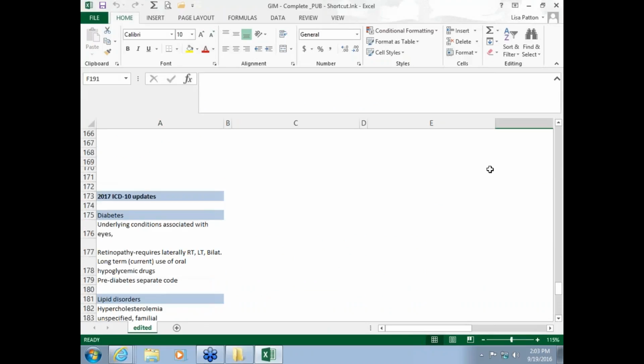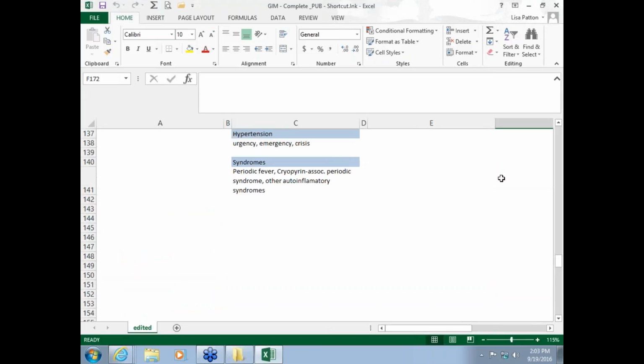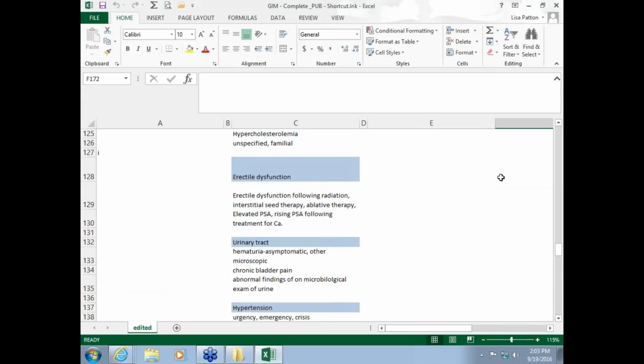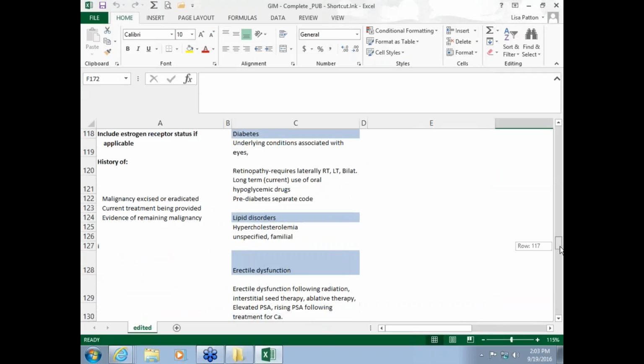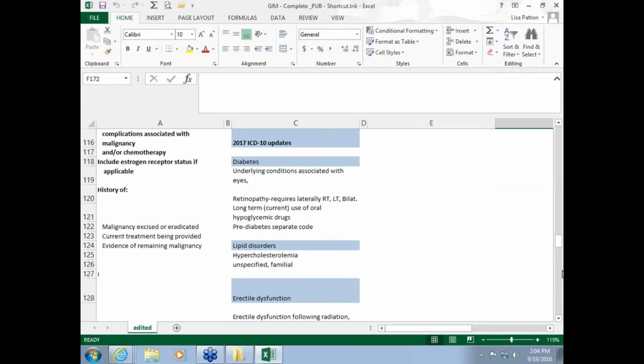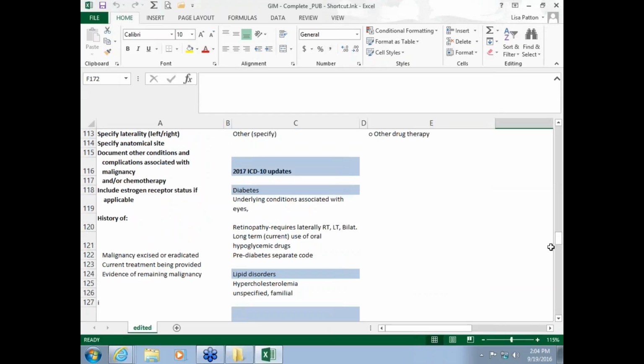And I didn't do fancy PowerPoints and all that. This mouse is terrible. It's almost easier to use the thing that shows up and down on the side. Yeah, that's better. All right, so these right here.